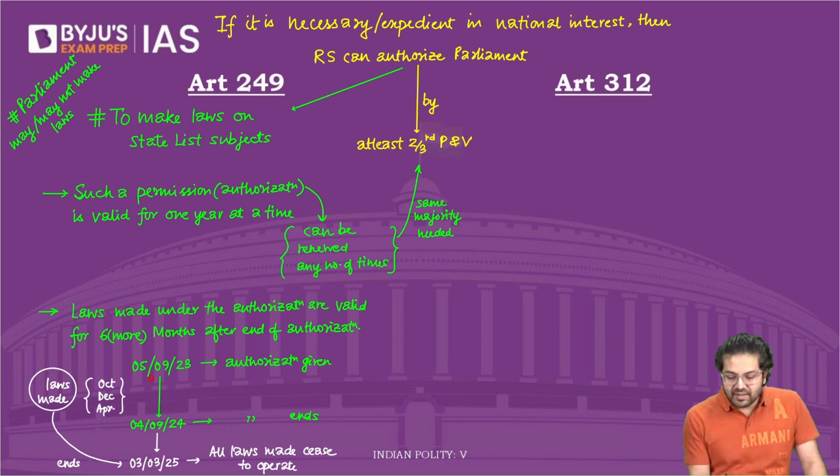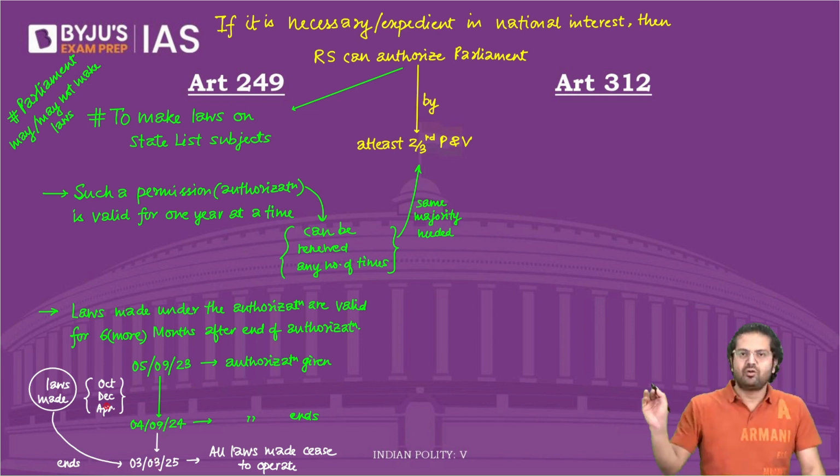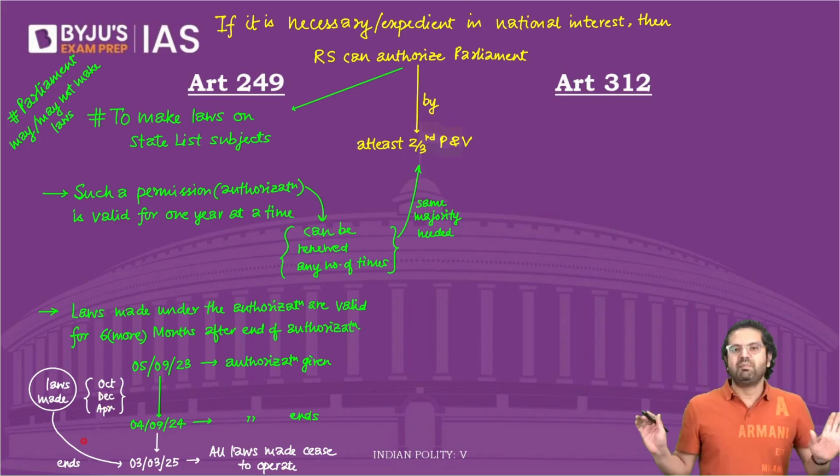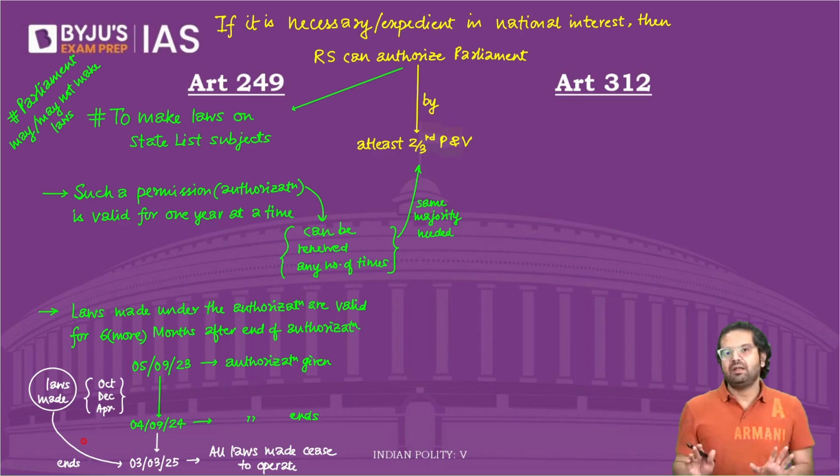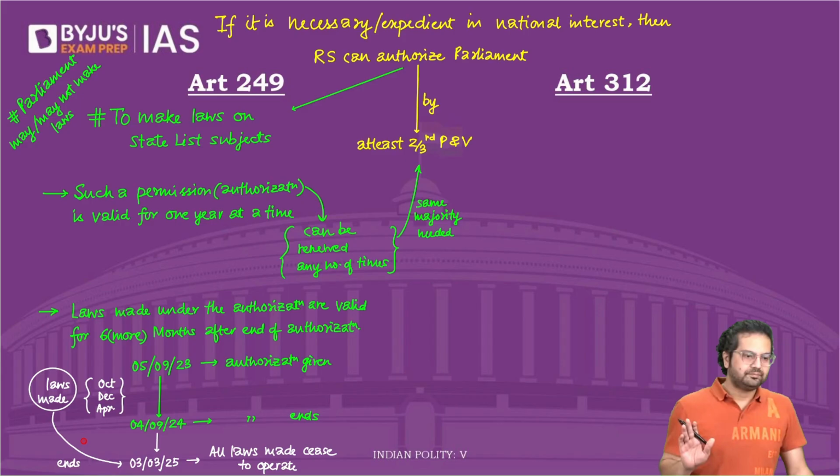When? 6 months after this date, on this exact same date, all laws are over. Whether some law was made before, after, does not matter. Are we clear? And yes, when the Parliament is making a law, by law, simple majority. Permission, 2/3. I hope this point is clear. Clear? Everybody?